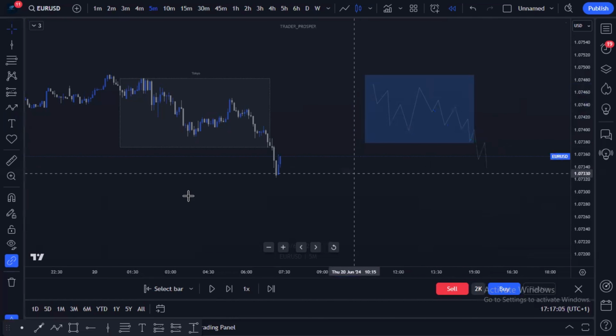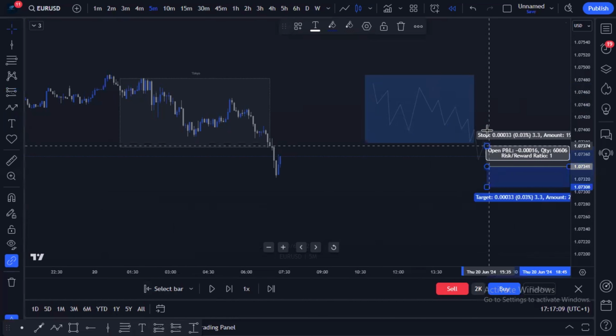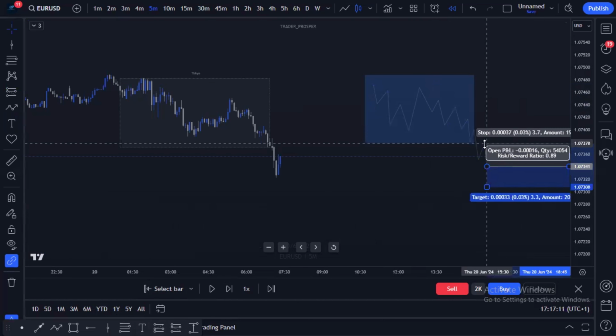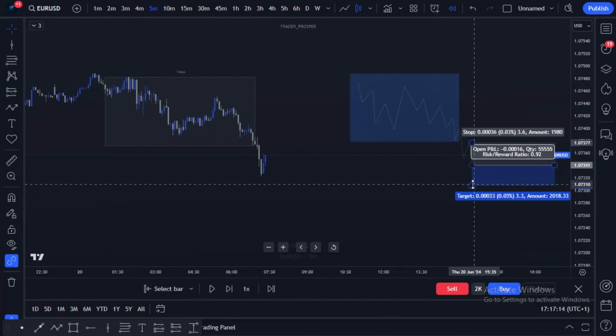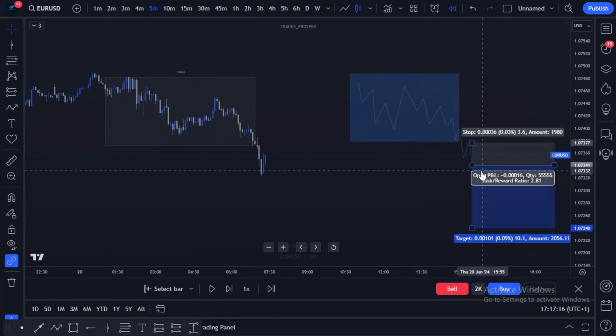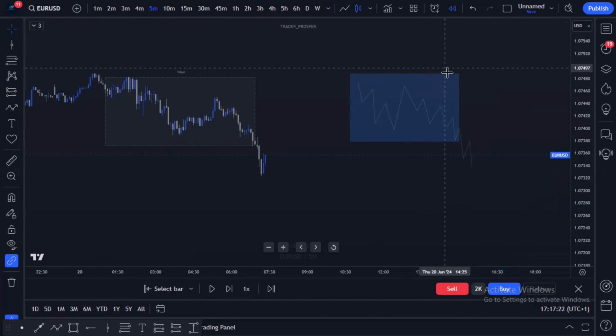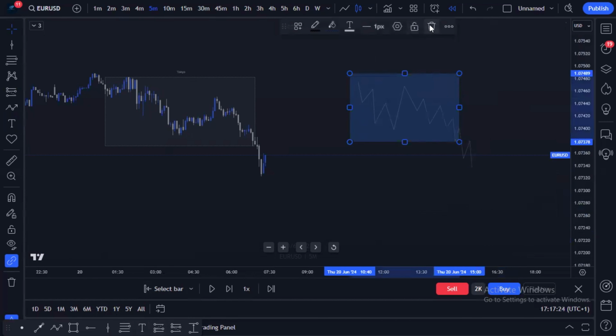Yeah, something like this point. I want to be getting into the market at this point, and set my trade with a 1 to 2, 1 to 3. So let's see if we see that in the Asian session.